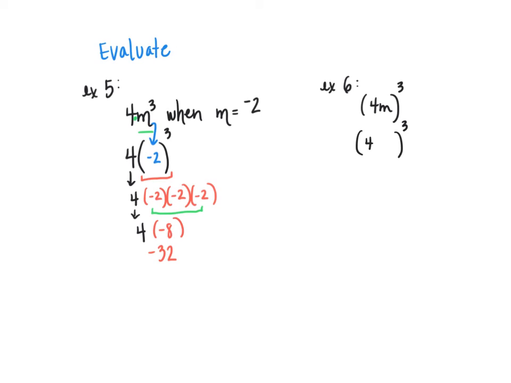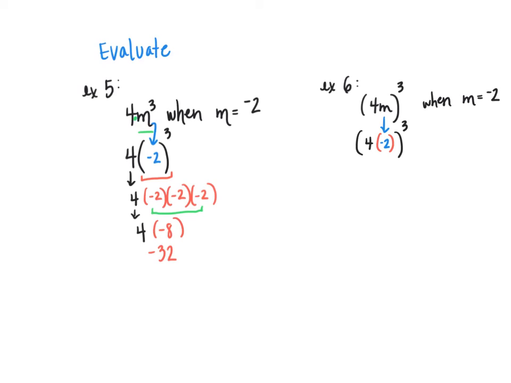So this is really what this would look like. You're going to have a parentheses inside a parentheses. So m, I probably should have written this here. m is still -2. So we haven't changed our m. So we're going to plug in m as -2.